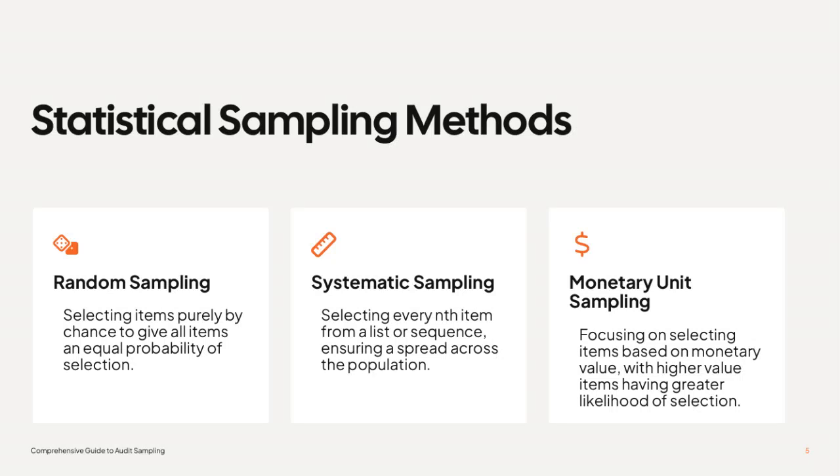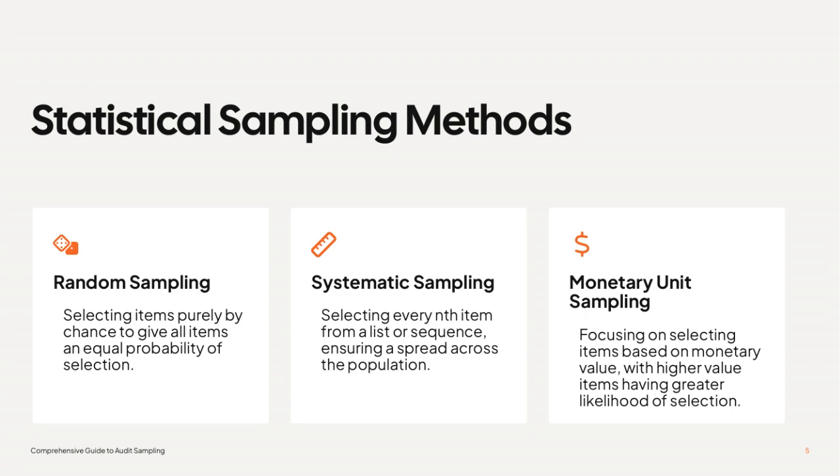Now, let's talk about some common statistical sampling methods. First, we have random sampling. This method involves selecting items completely by chance, so every item in the population has an equal opportunity to be chosen. It's great for ensuring unbiased representation. Next is systematic sampling. Here, we select every nth item from a list or sequence.